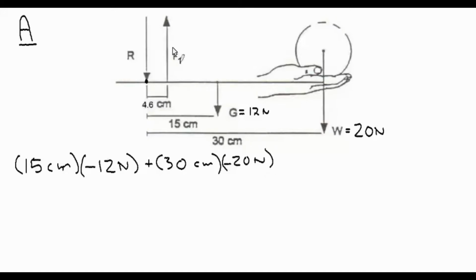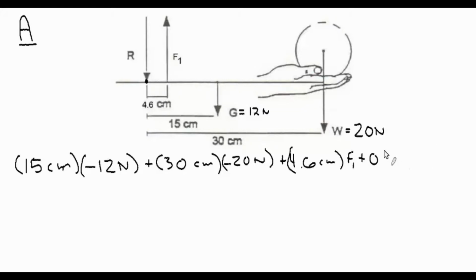Now, the biceps force, F sub 1, is pointing up, so it's going to be positive. And the moment arm is 4.6 centimeters times F sub 1. And then the moment that's produced by the reaction force has a moment arm of 0, because if you recall, I said that we were assuming that the reaction force passes through the center of rotation of the elbow, which is where we're computing moments about.